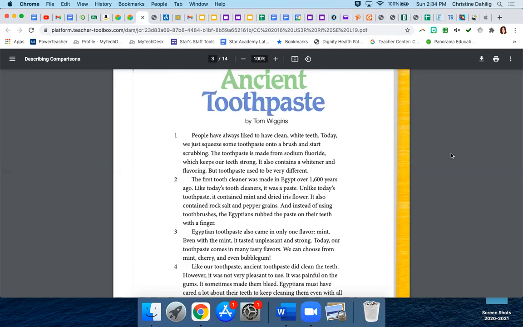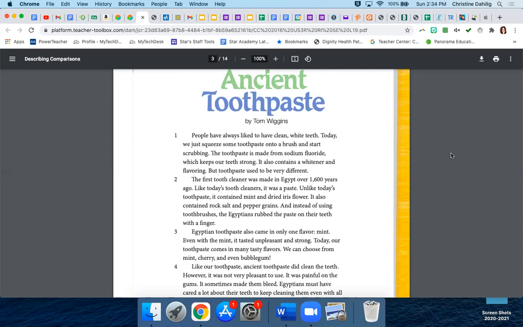And so, as we are reading this, I would like you to take a really close look at signal words. And remember that the signal words can help you know when a writer is making a comparison.